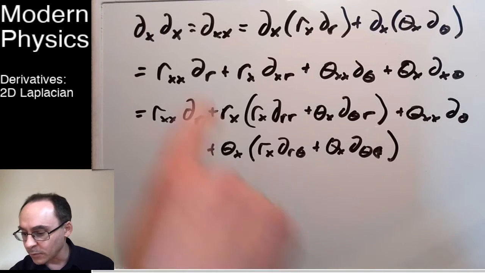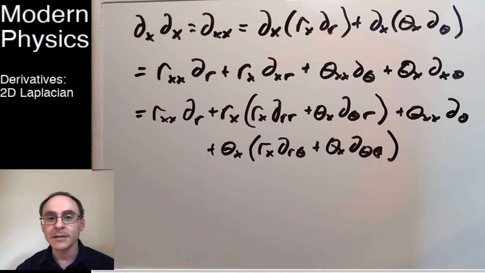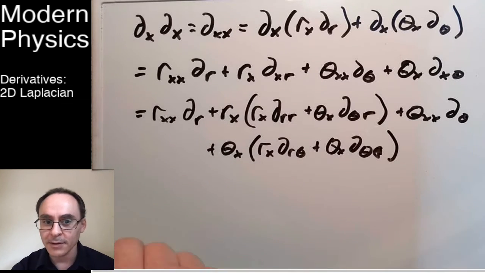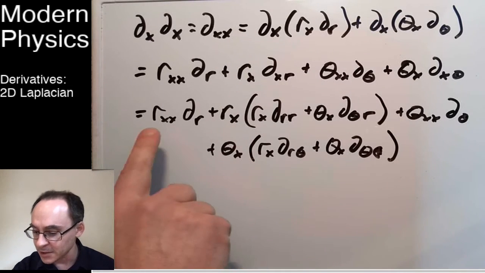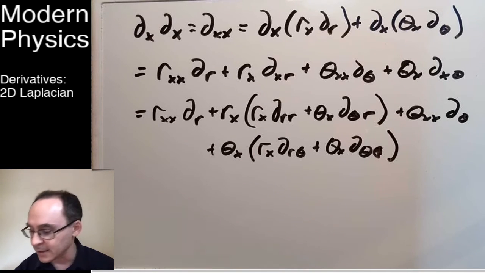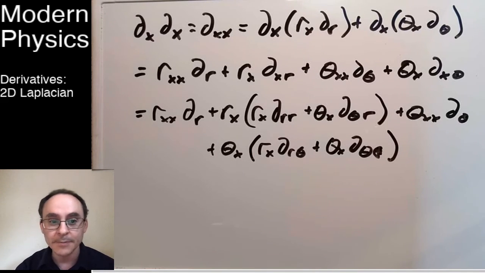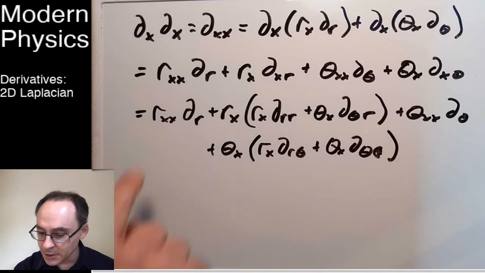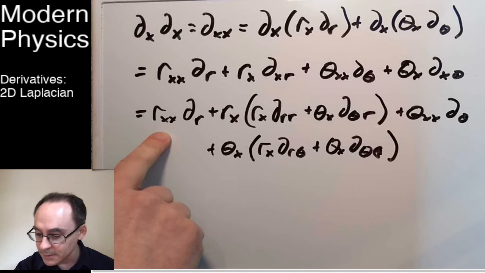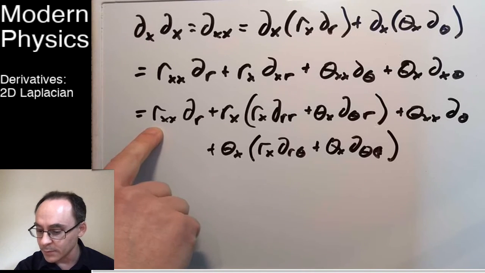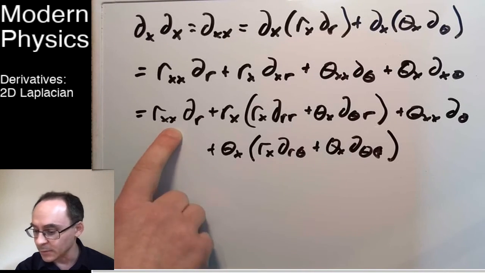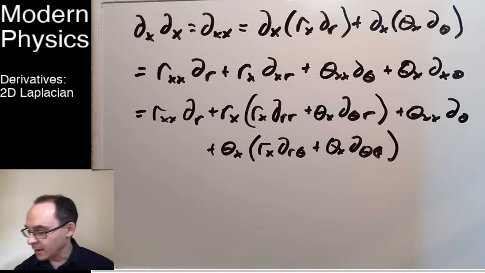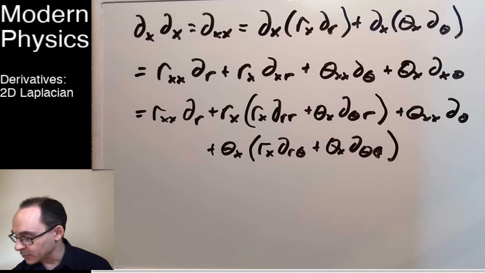I'm basically looking for this plus the second derivative with respect to y. Since I haven't plugged in what x and y actually are in terms of r and theta, I can just change the x's to y's, and this is still true. So that's nice. And then all I have to do is plug in what the second derivative of r with respect to x is, what it is squared, and I can plug in what those things actually are. And that'll let me solve what I want to do.